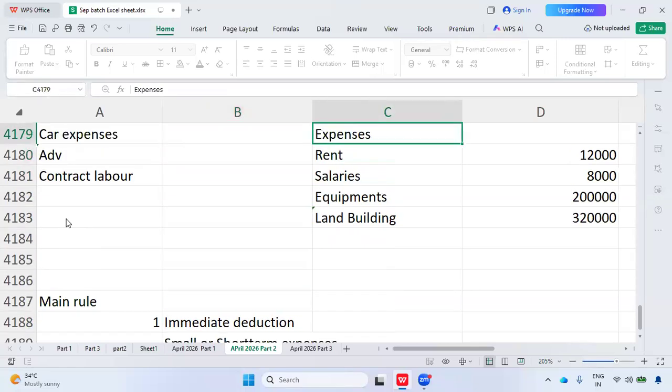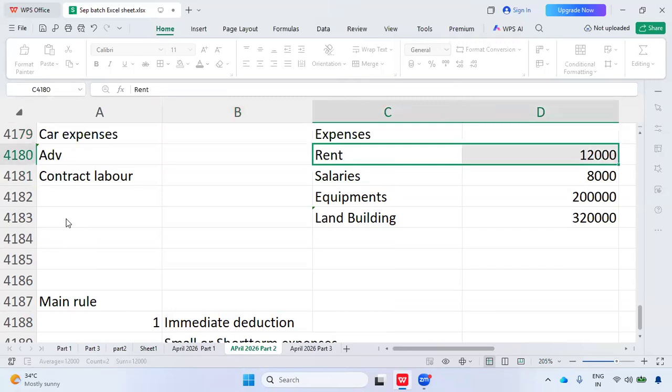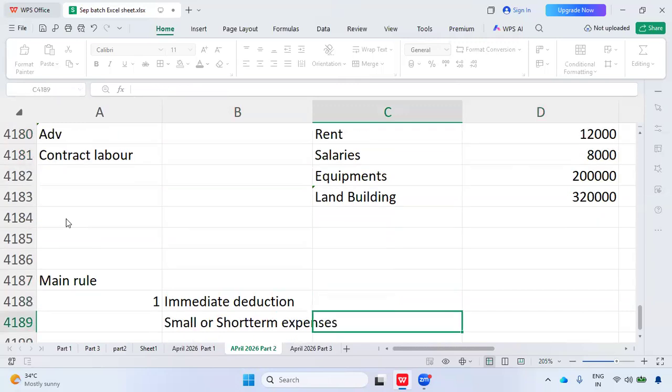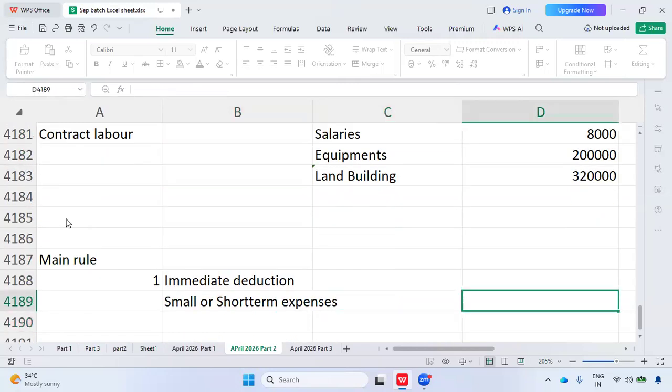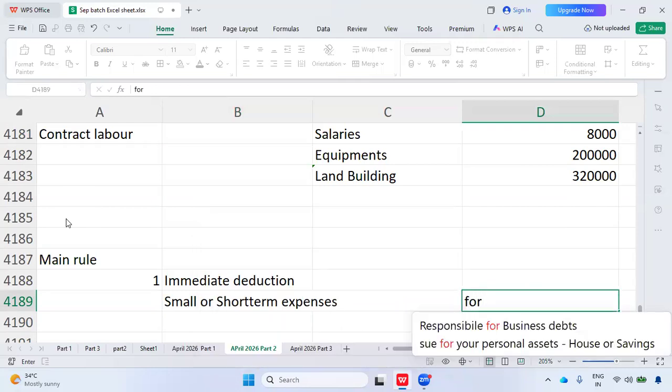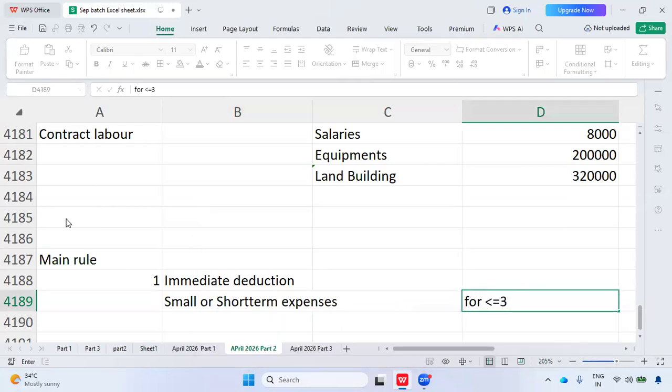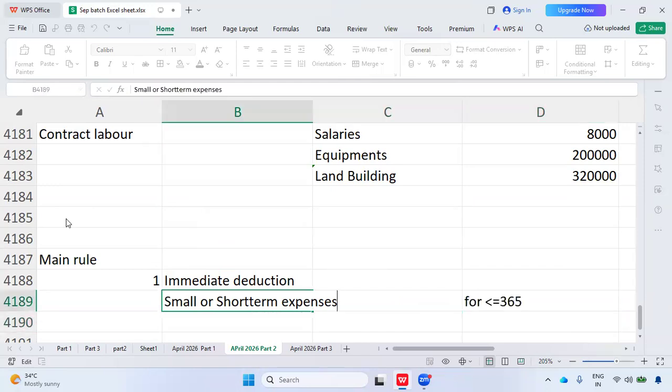First one, rent. Is rent small or short term? Rent is not a small amount, but it is short term. Here the expense should be for less than or equal to 365 days, and then we will consider the expense category as short term.